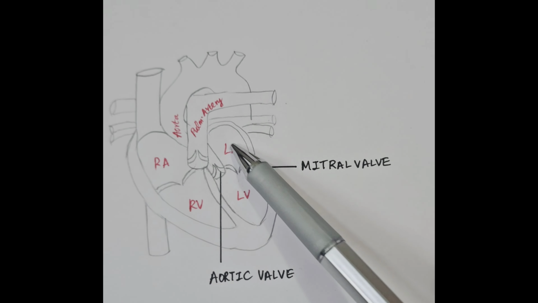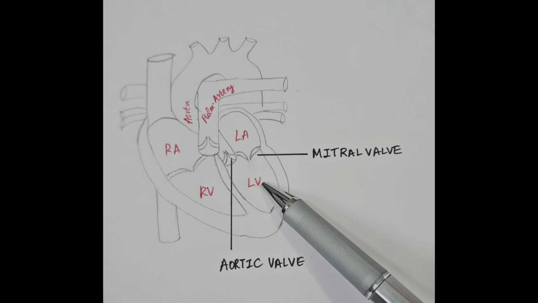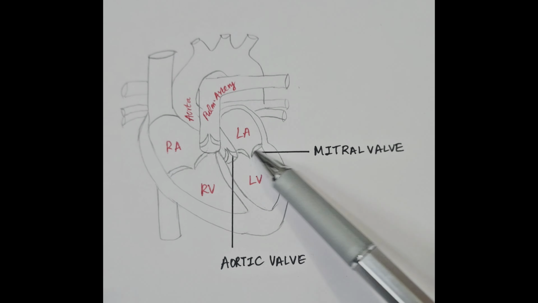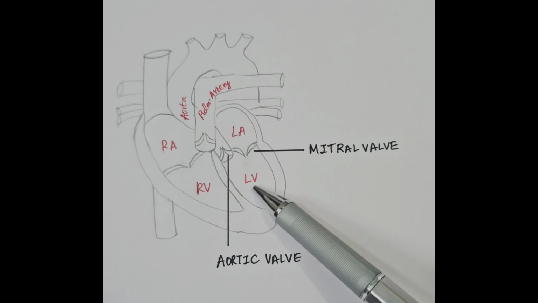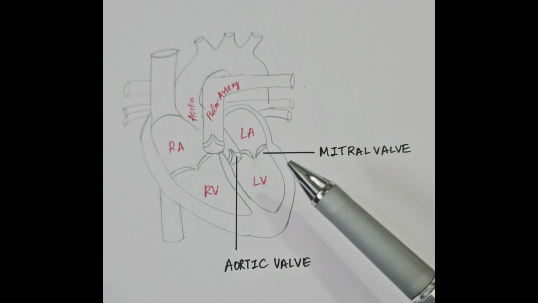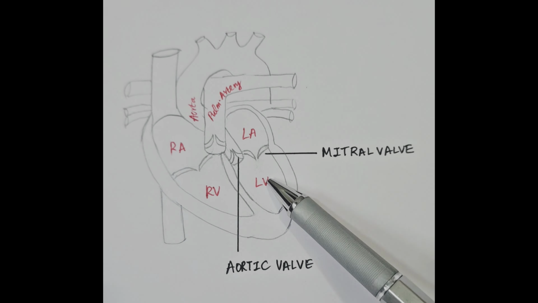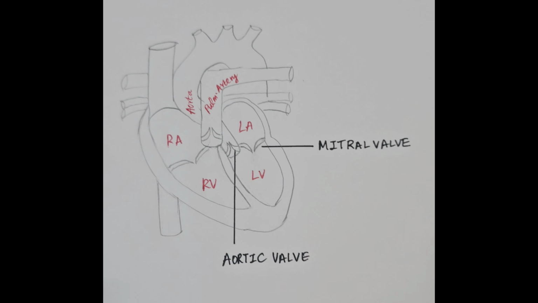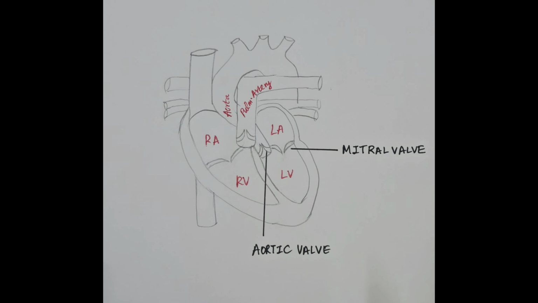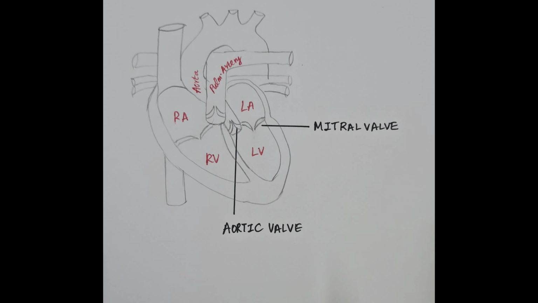Some blood is always leaking. In the next cycle, again more blood is coming from the left atrium to the left ventricle. So there's a volume overload status in the left ventricle and it cannot hypertrophy as such like in stenotic conditions like aortic stenosis. So left ventricular failure occurs in mitral regurgitation. We know that regurgitant lesions are volume overload states and stenotic lesions are pressure overload states.